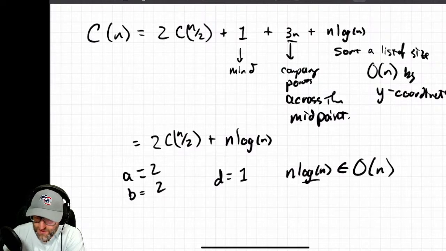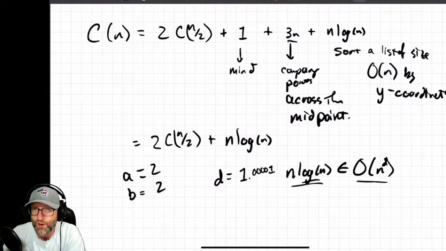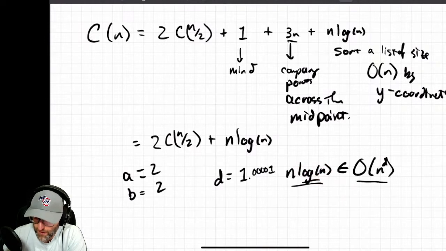If we go just slightly more, say 1.000001, then that would be true, right? n log n would be bounded above by anything larger than linear, because of course this lower order log term would eventually disappear, and this term, even if it's super small, would dominate.